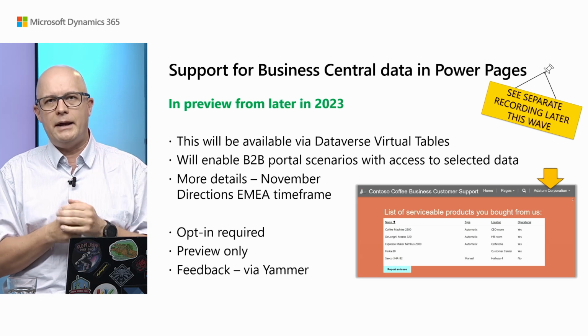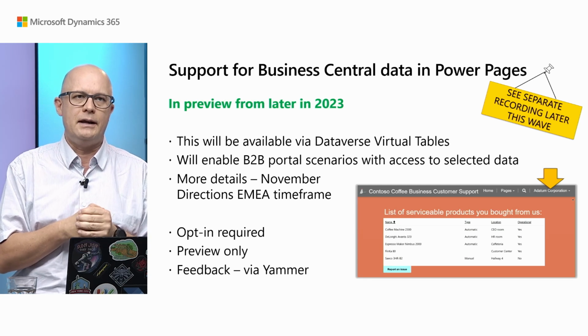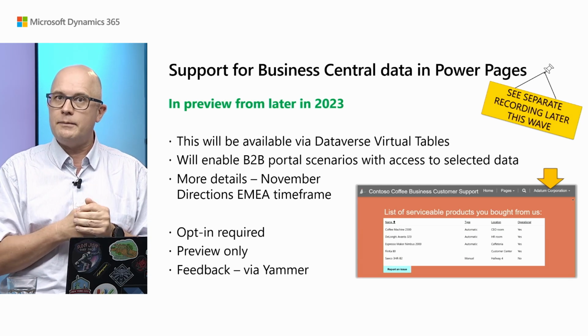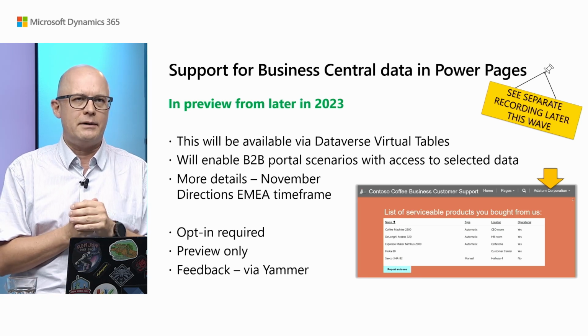And of course, this will be a preview opt-in experience at the beginning. We will be looking for feedback from you, partners, through our Yammer community. We will talk about Yammer in a moment. You will also find a separate recording talking about Power Pages and Dataverse virtual tables and this technology in this event.